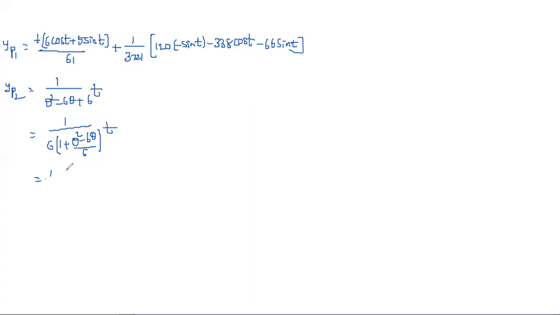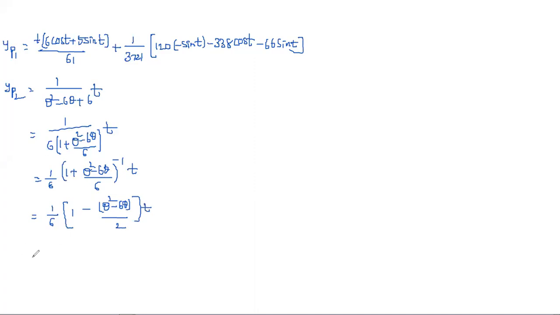Taking this into the numerator, theta square minus 60 by 6 whole power minus 1 into t. So this is equal to 1 by 6 into, if we expand this, 1 minus of theta square minus 60 by 2, and remaining all terms neglected.